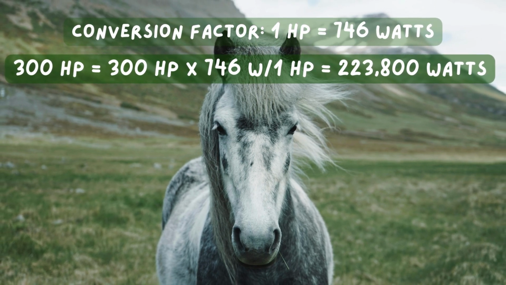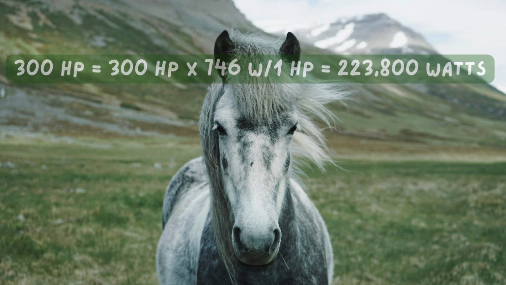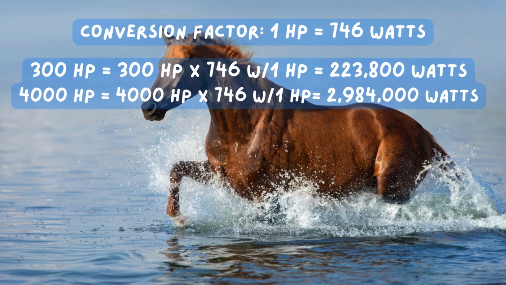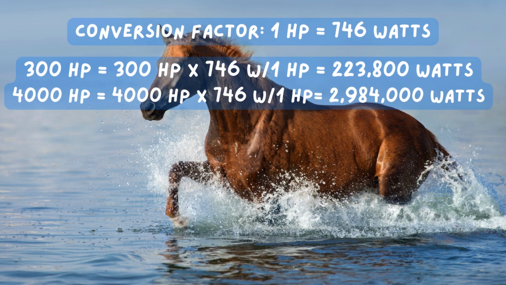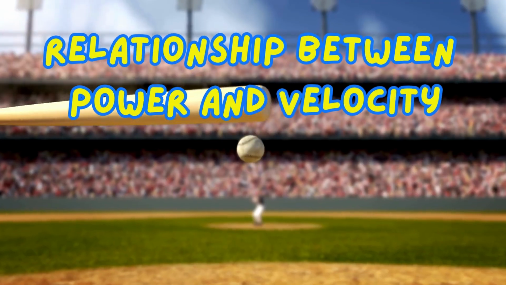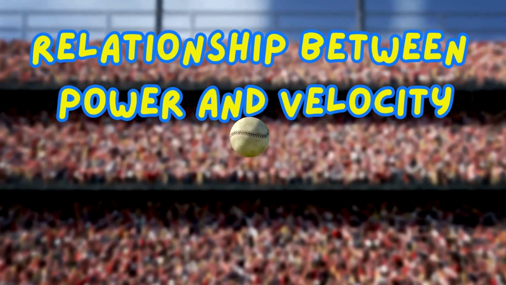So the horsepower and horsepower would cancel out and you get 223,800 watts. And we do the same process for 4,000 horsepower and we get 4,000 horsepower equals 2,984,000 watts.